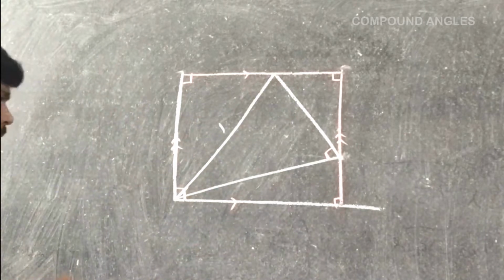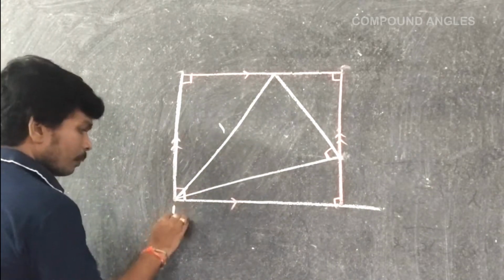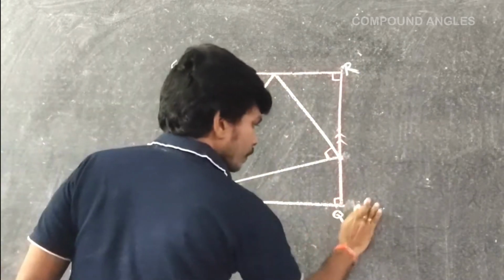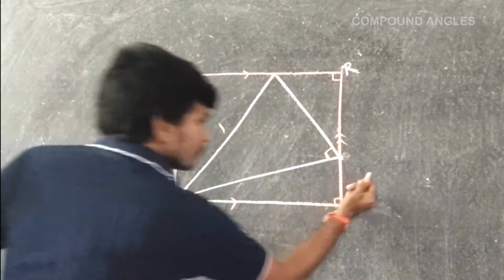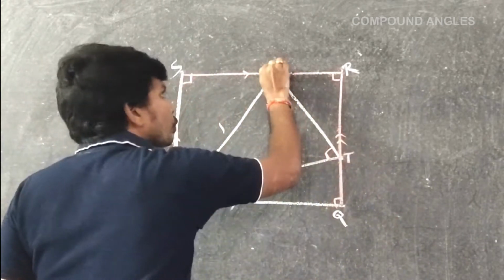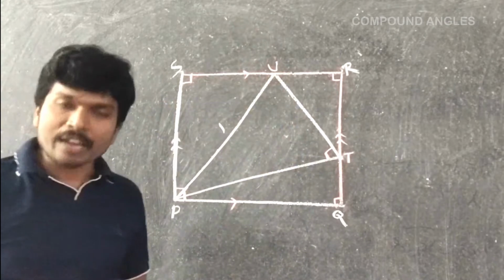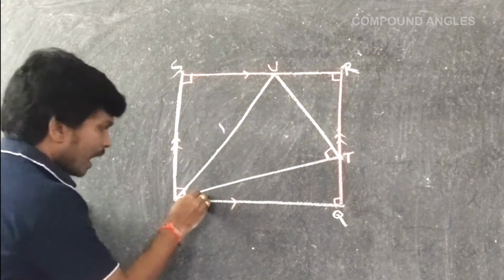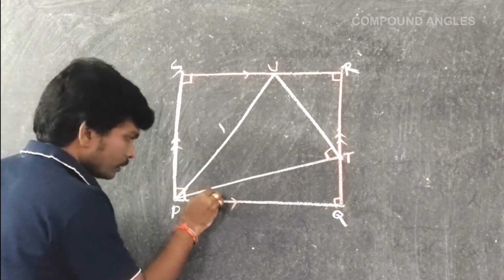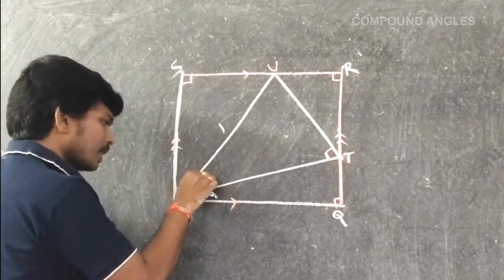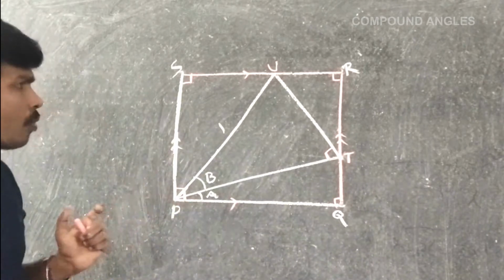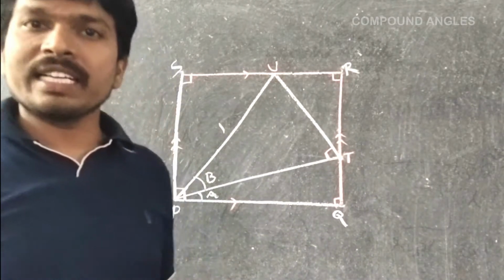Okay, we are representing the points by some letters: P, Q, R, S, and this we will take as P, Q, R, S, T, U. Okay, for our convention, this angle I am taking as A, and this angle I am taking as B. See, how many pieces of right angle triangles are there?